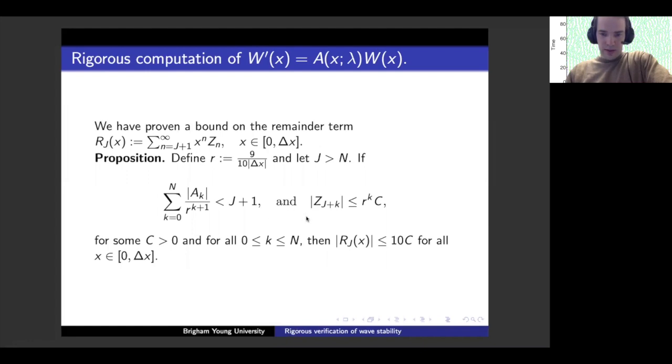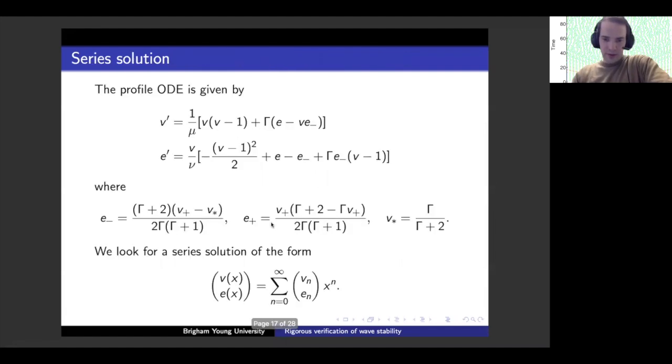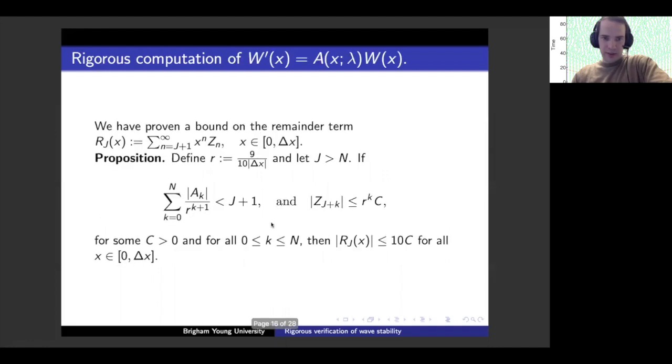And then you get this bound on the tail end using a geometric series. So it's a straightforward condition to check.